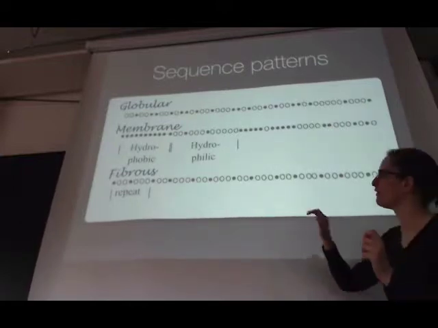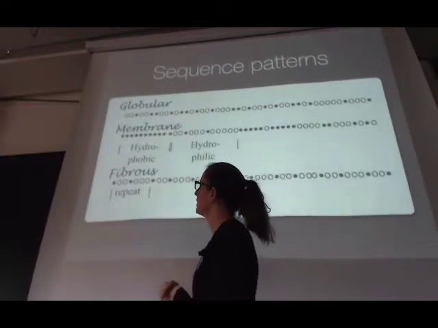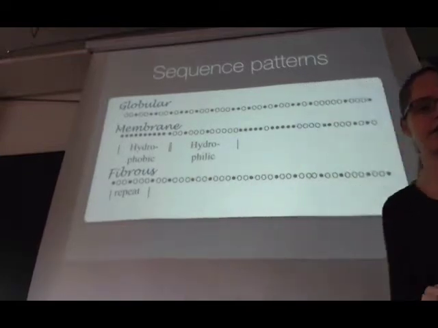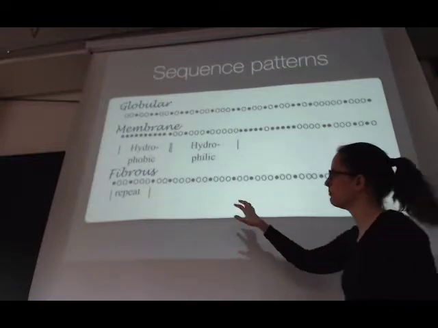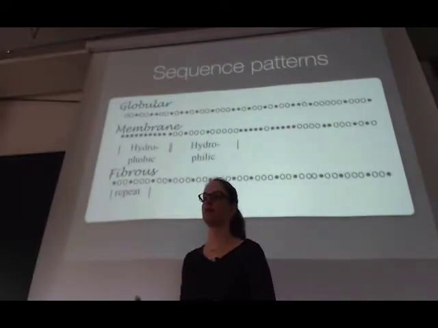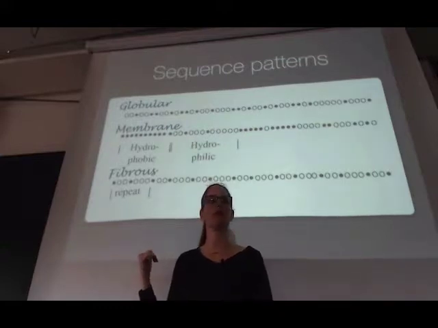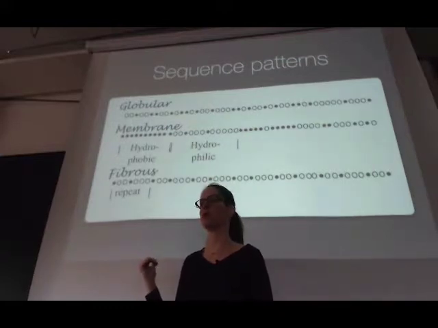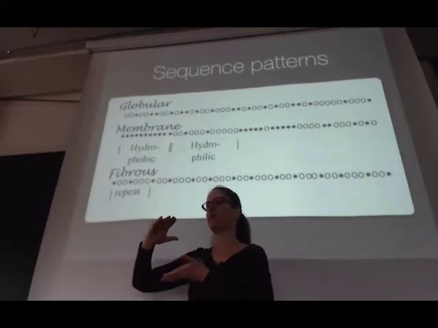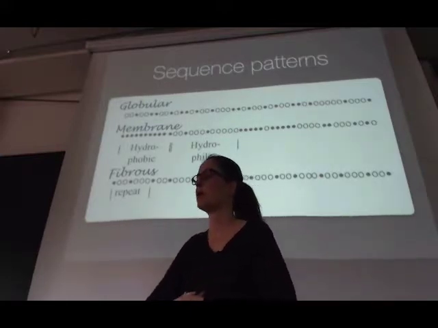Fibrous proteins have a mix of hydrophilic and hydrophobic, but they are really organized in repeats, because you remember these things with the Alzheimer's? Remember fibril proteins that assemble together to form fibrils? I think that was in one of the early lectures.